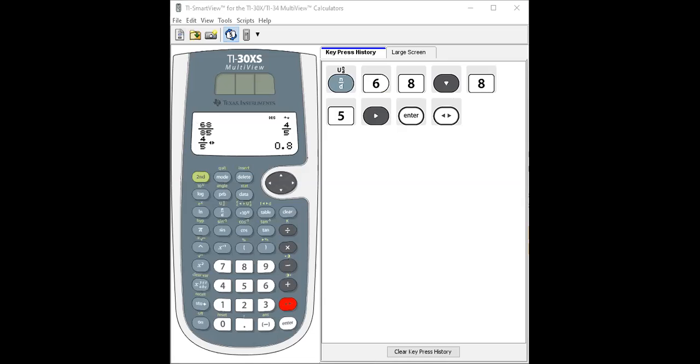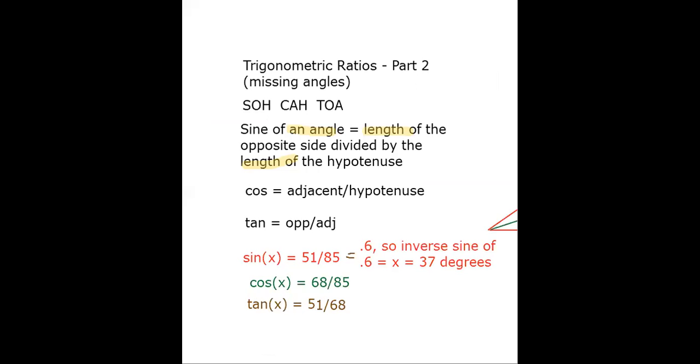So if 68 over 85 equals 0.8, then the inverse cosine of 0.8 should equal x. And remember, we have inverse, so we'll have our -1 right there. So the inverse cosine of 0.8 should equal x. Let's see and make sure that that is what happened.